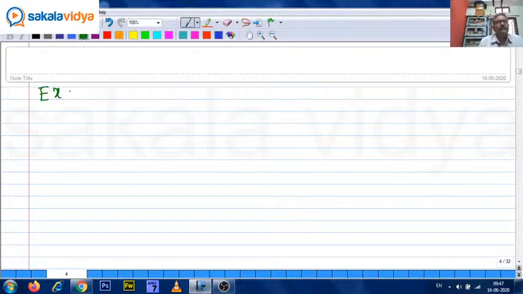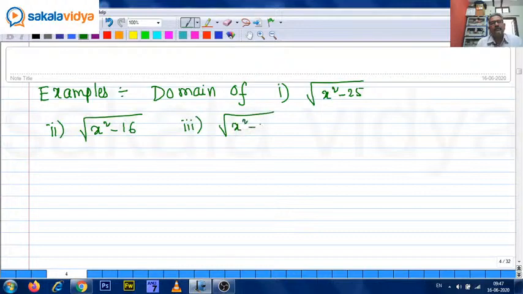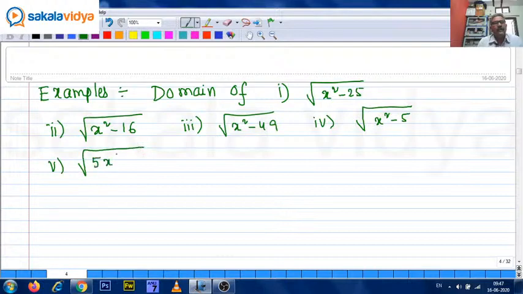So next, examples. Domain of: first, root of x square minus 25; second, root of x square minus 16; third, root of x square minus 49; fourth, root of x square minus 5; fifth, root of 5x square minus 16.